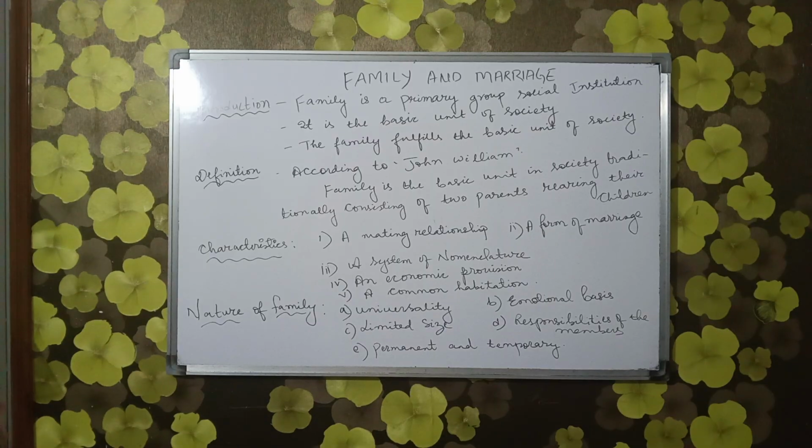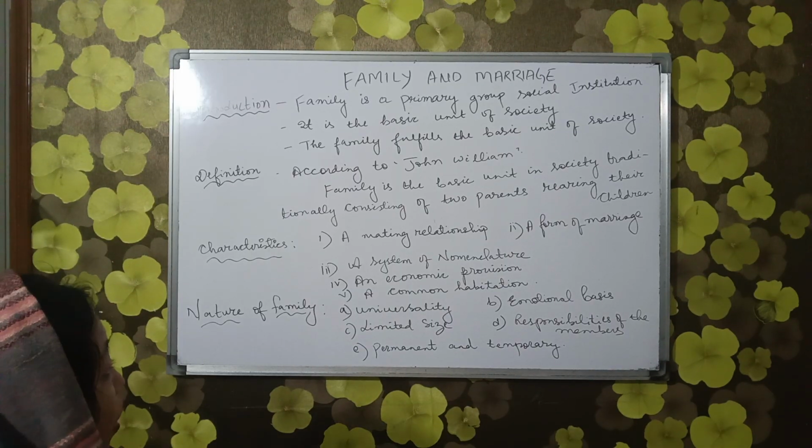So, as we all know, family is the basic unit of society, and it traditionally consists of two parents, mainly the mother and the father, rearing their children along with the children. So at least here two generations are included, which is formed by blood relation. So this is the definition of family according to John William.